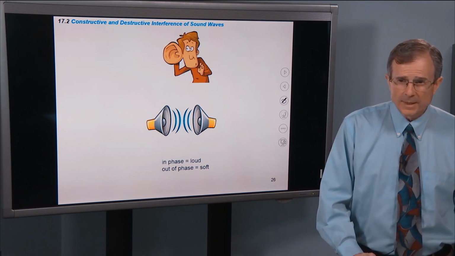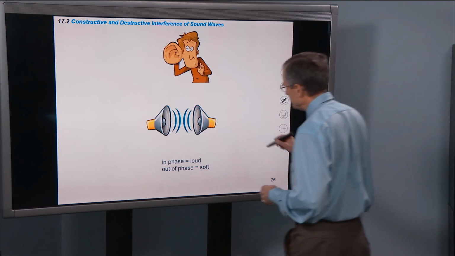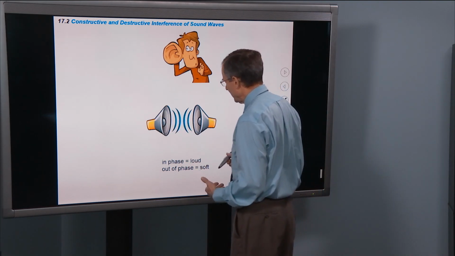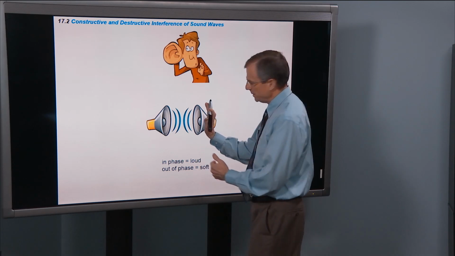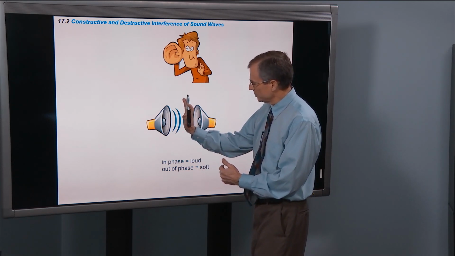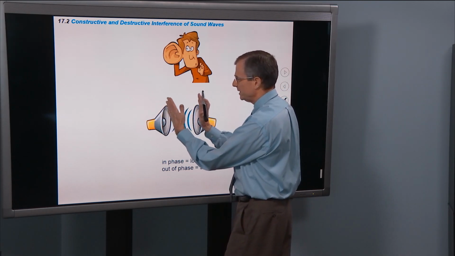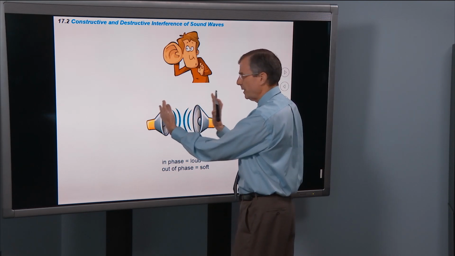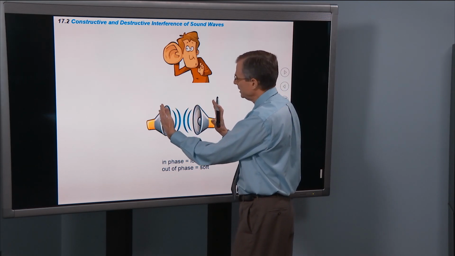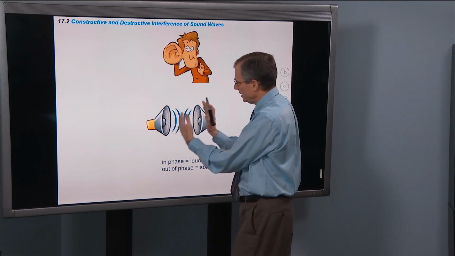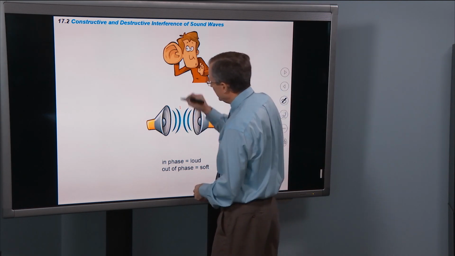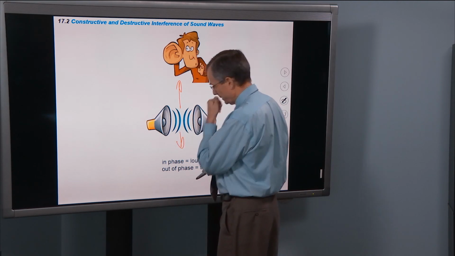This is a demonstration. If you put two speakers facing each other, and if they're in phase with each other, then they move together at the same time toward each other, and then they move away from each other at the same time. So when they're moving together in phase, they squash the air in between, and the air squishes out, and you can hear it.